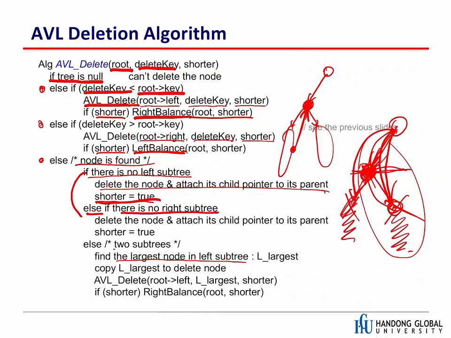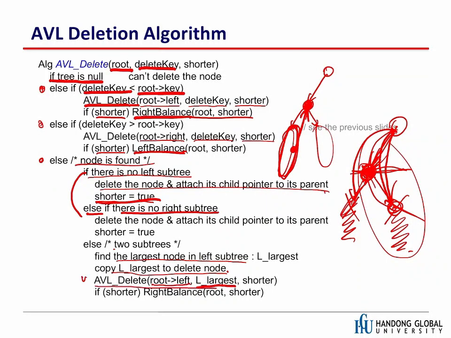And then what should we do? We just copy it, and then we have to delete that largest one. So from this subtree, the root left means this left subtree, and from this left subtree we have to search for this largest one, and then we have to delete that.